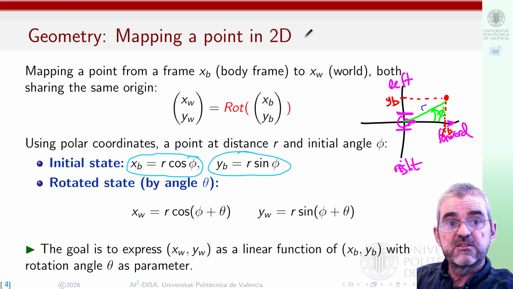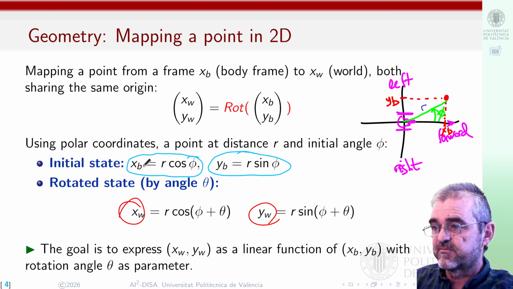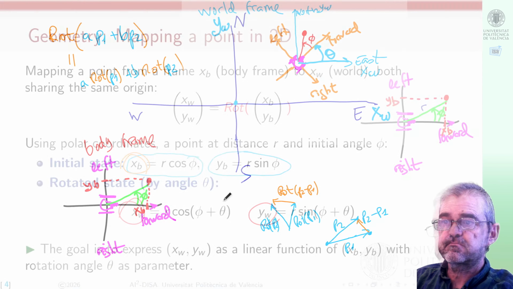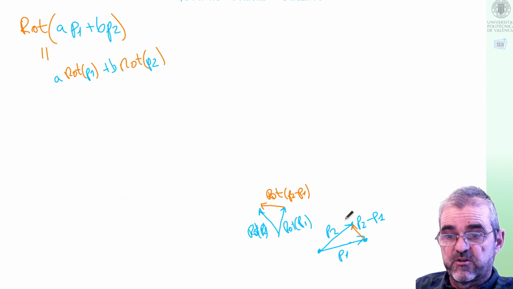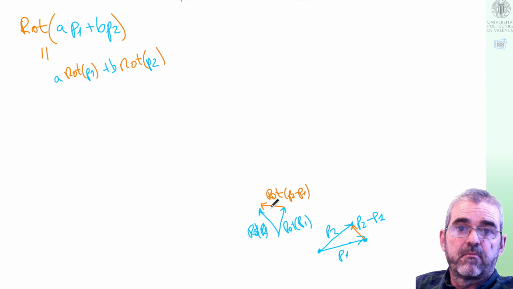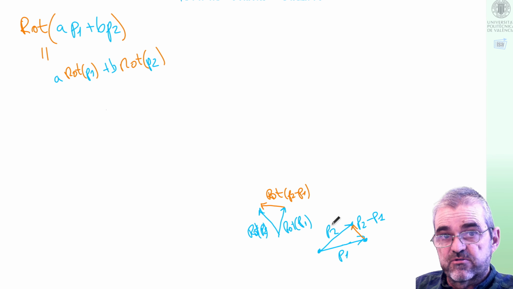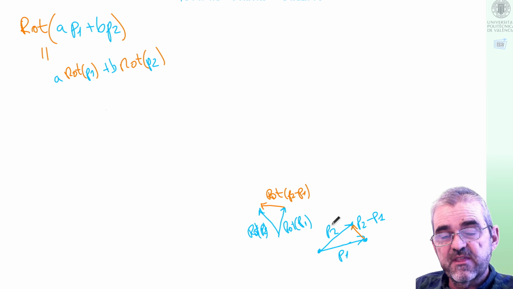Our goal is to express these world coordinates as a linear function of these body coordinates. Why a linear function? Because rotation is a linear operator. We will derive it in a minute, but intuitively, rotations do not change the size of things, do not change the shape of things, only the perspective on them.